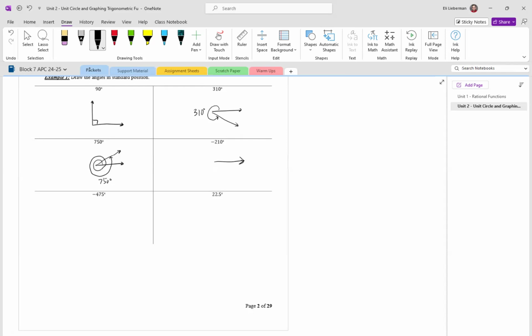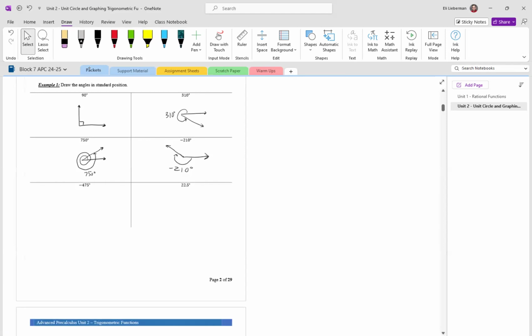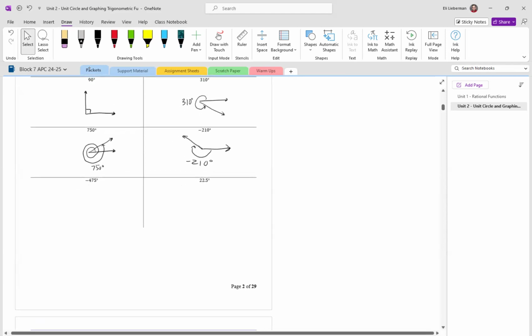Did I do that right from your point of view? Then, to make sure we're doing the directions, something like this, which is coterminal with 150.